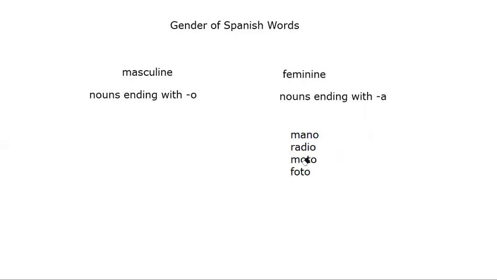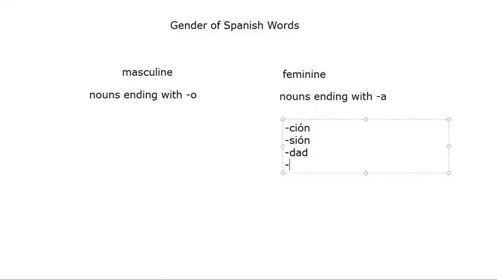Now let's look at words that don't end with O or A. There's a long list of common feminine endings. So some of these are -sión and -ción, again, but spelled slightly differently. Now these are not full words, and so I'm putting the hyphen in front of them to show that they're not full words. We're talking about word endings here.